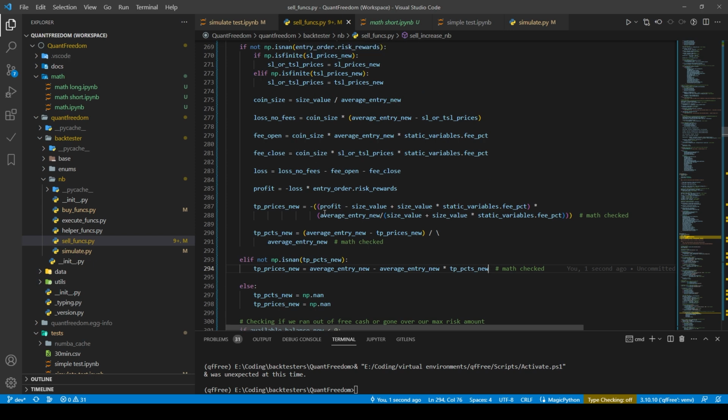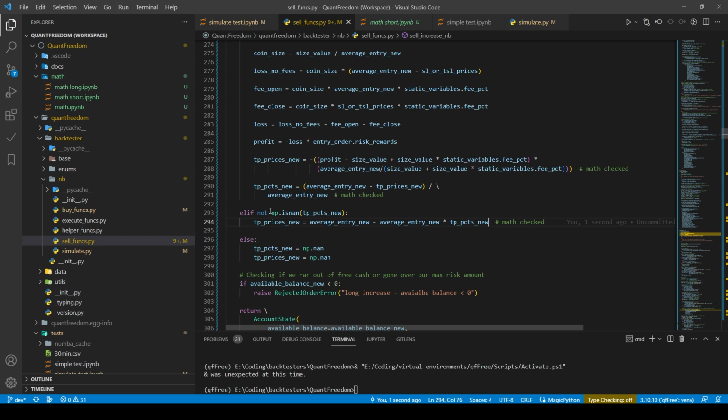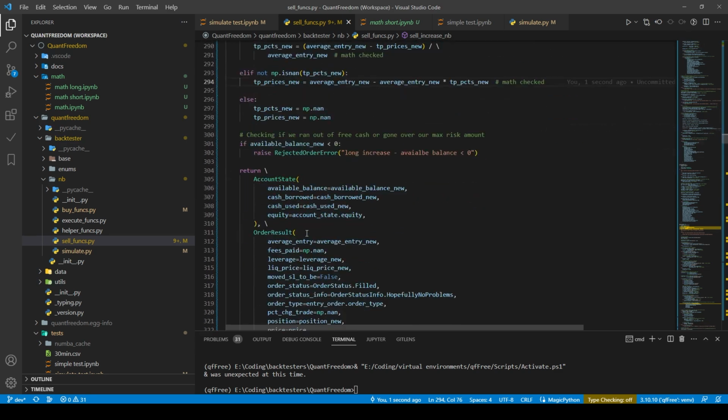Oh, if there's a risk to reward, then do this. Else, if this, so yeah, I guess whatever, this works. So average entry minus this because we want to go down. So if our average entry is 1,000, we want to subtract $10 from 1,000 to put our take profit at $9.90.